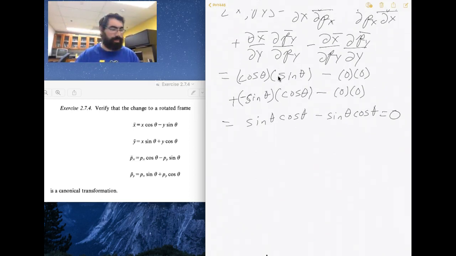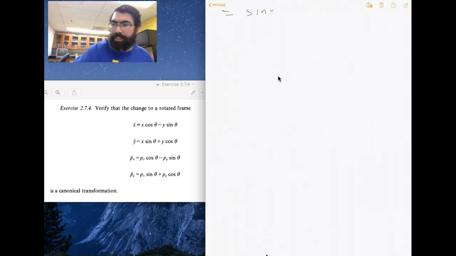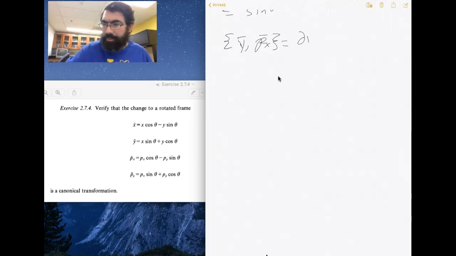Okay, so now let's try the complement. What's the Poisson bracket of the y coordinate with px? And let's write them all out.